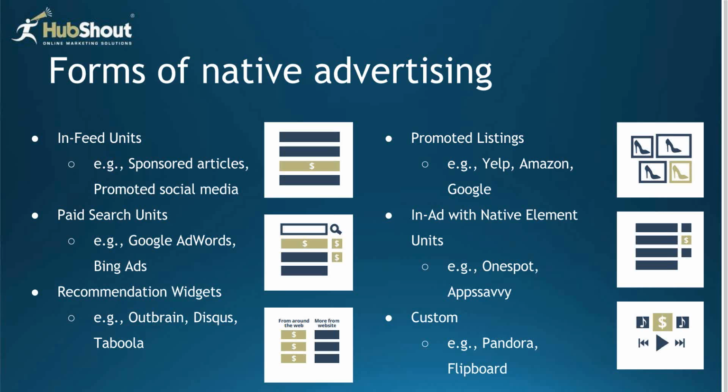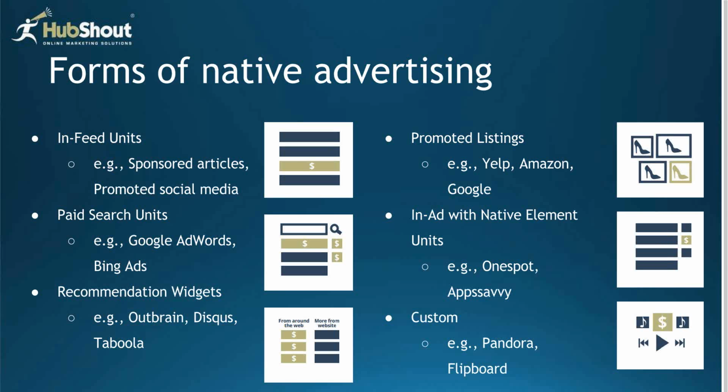You might have something on the right like a promoted listing. This is an example you might see on Yelp, Amazon, or Google, where there are shopping results, and many of those may be organic or somehow editorial placed, but there will be a paid or in-stream native ad there as well.